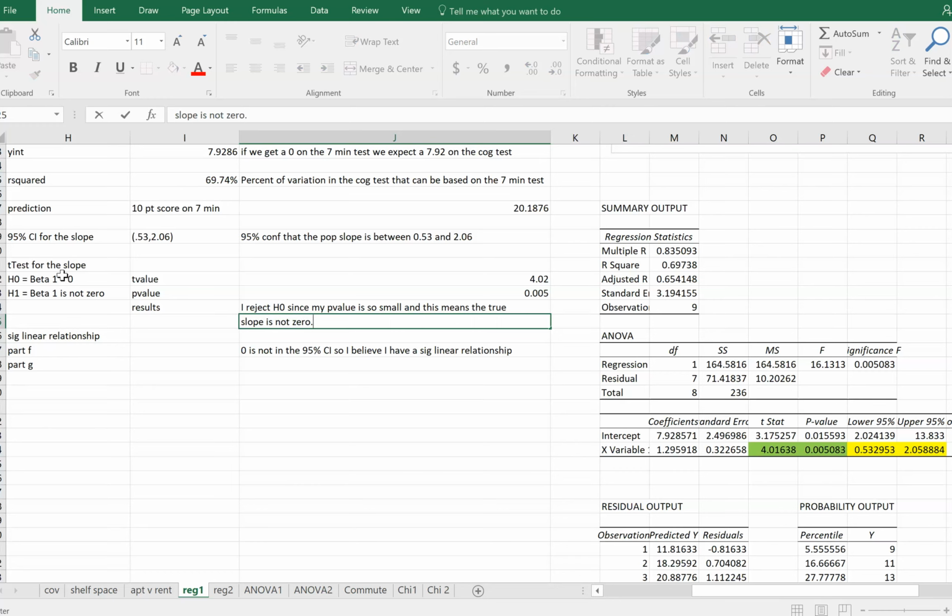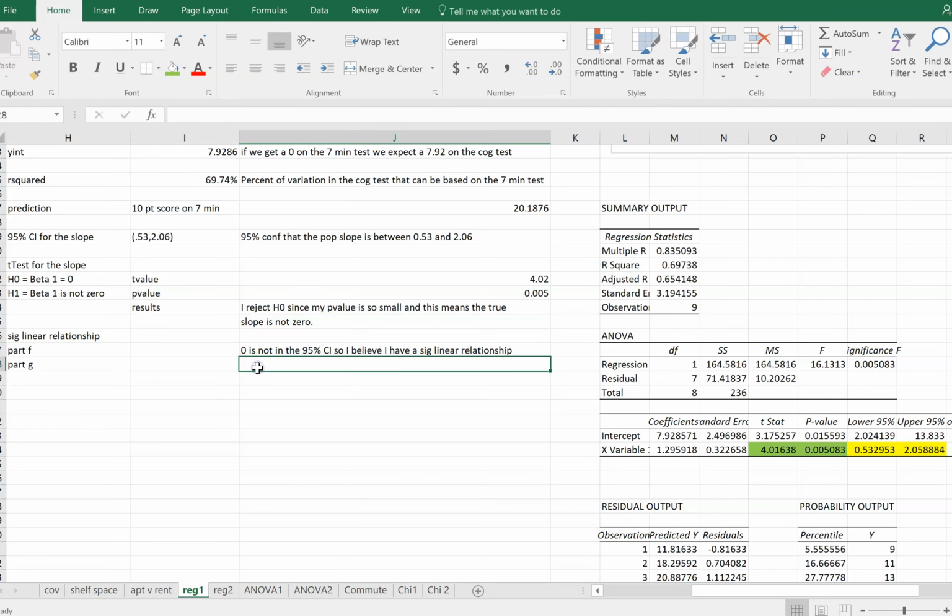And what does that mean? Well, it means by the hypothesis test, by the slope HT, we have a significant linear relationship. You see, if 0 is in the interval, or if 0 is potentially a possible slope, and that means you would not have rejected in the hypothesis test, then there's a potential that you don't have a strong linear relationship.